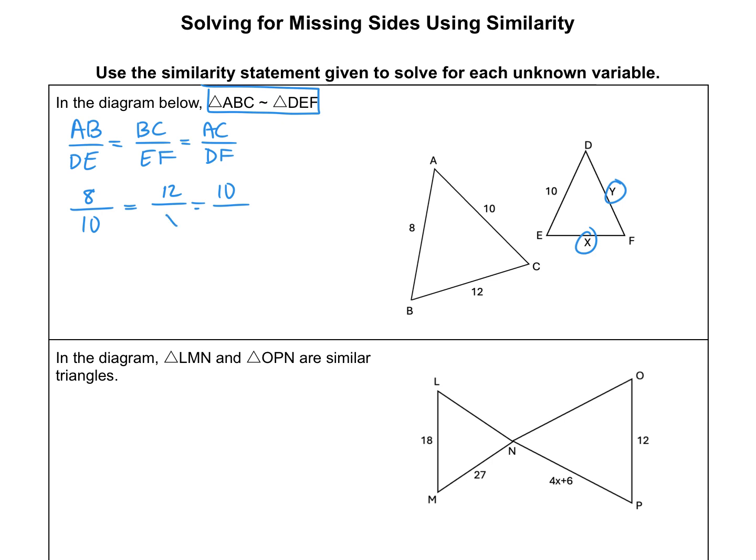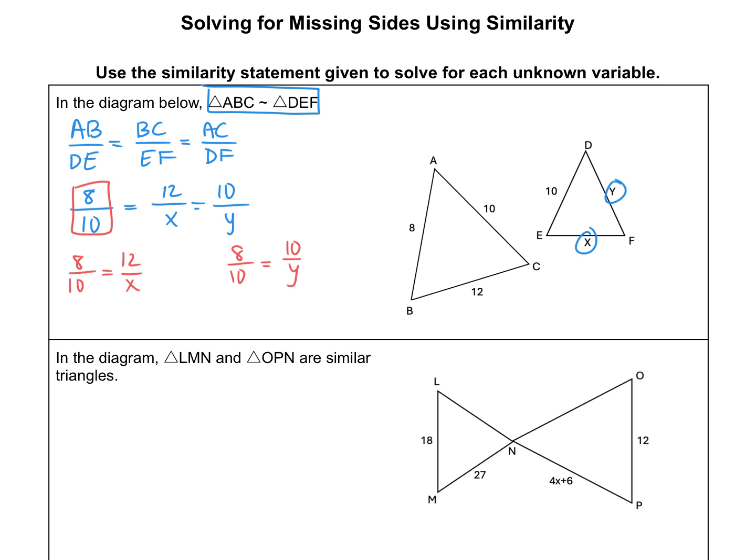EF is X. And DF is Y. If we have 2 variables, X and Y, we're going to need 2 equations. Always use the ratio that you know both of the numbers for. So for the X, I'm going to do 8 out of 10 is 12 over X. For the Y, I'm going to use that 8 over 10 again is equal to 10 over Y.